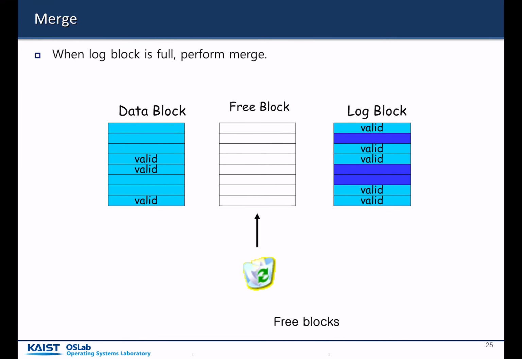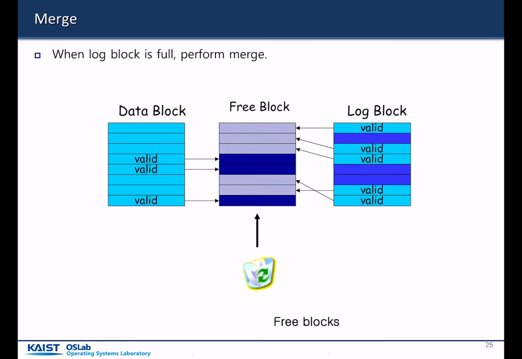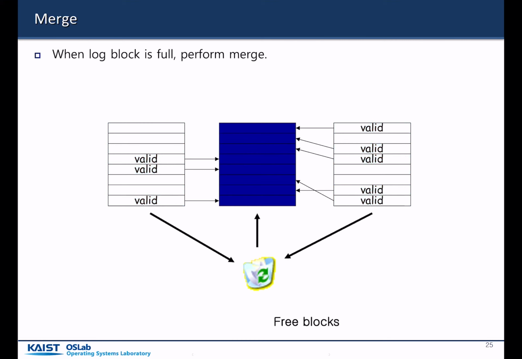When the log block is full, we have to perform a merge with the original associated data block. In a merge, we first copy the valid pages from the data block to the free block, and then we copy the valid pages from the log block to the free block as well, and then we free the matching data block and log block. So this is what we call merge.